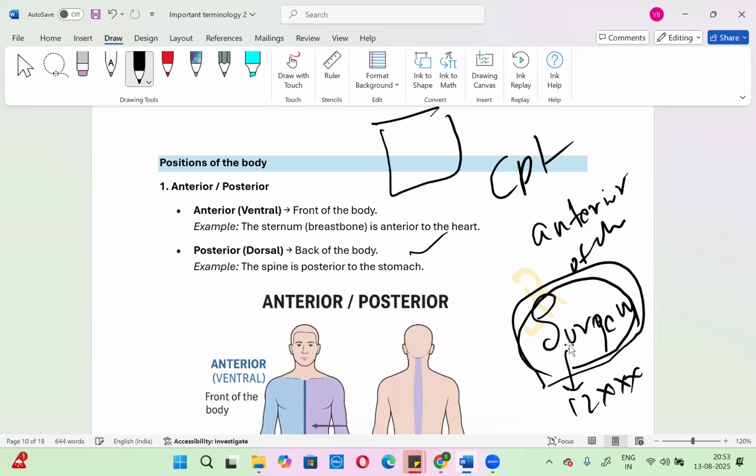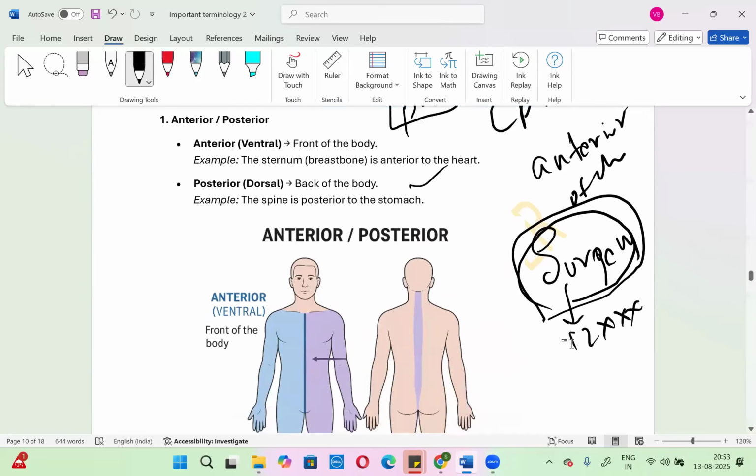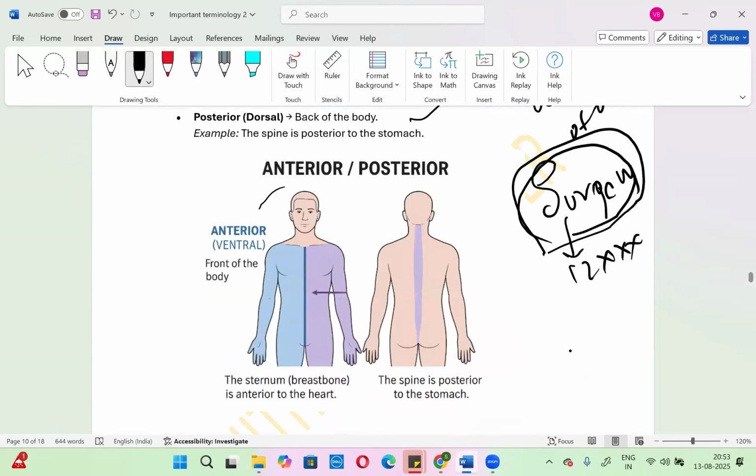You will get a documentation, and in the documentation, they will mention, anterior side, I have started the procedure, or posterior side, I have started the procedure. What is this anterior, posterior? Anterior means front side of the body. Posterior means back side of the body. Now got it?